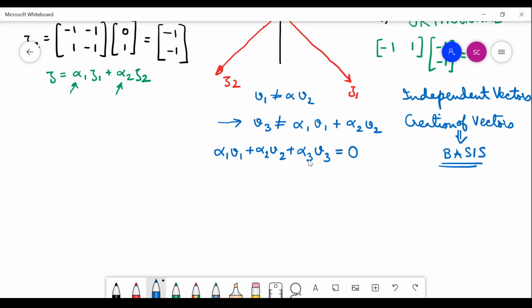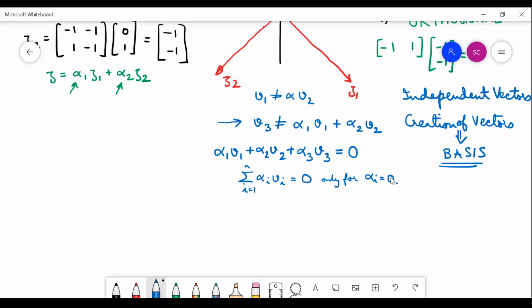This is the understanding. For n number of vectors that I may have given you to check, you should check that summation of alpha i vi for i equals 1 to n equals 0 is possible only for all alpha i equal to 0.